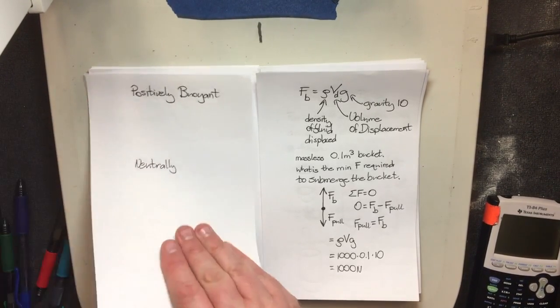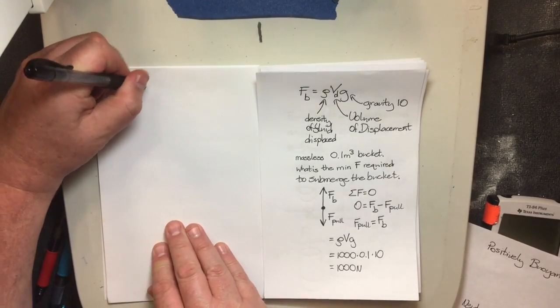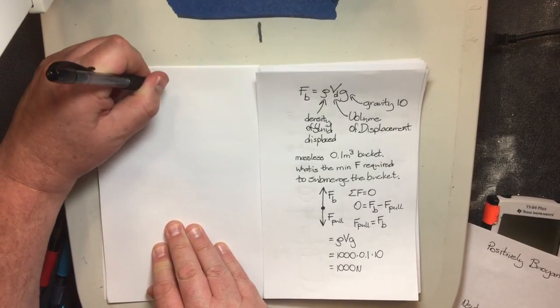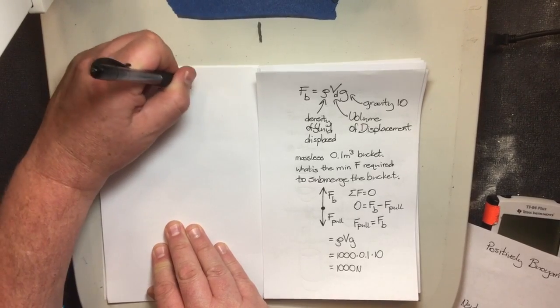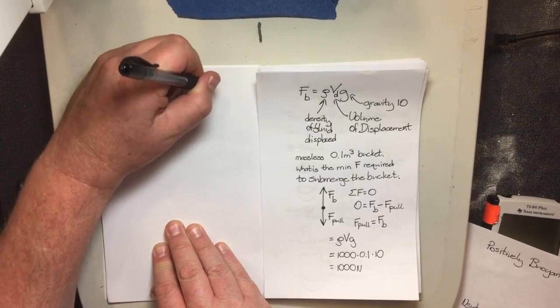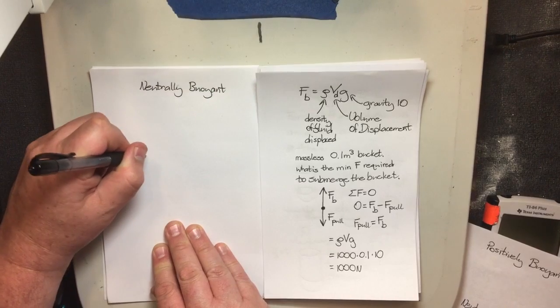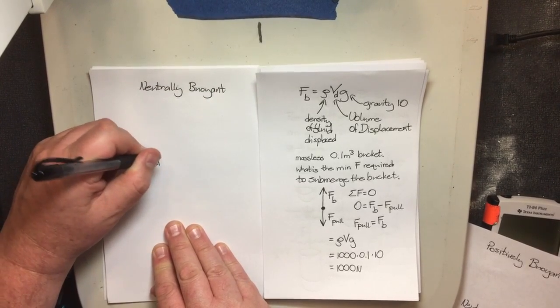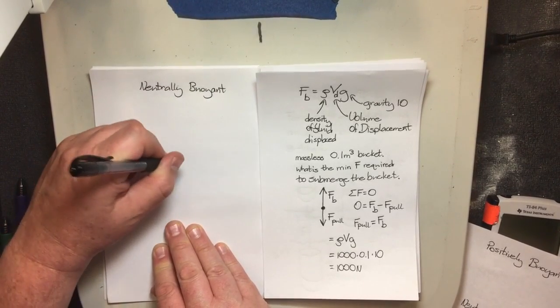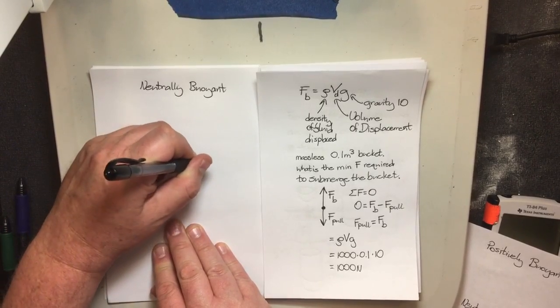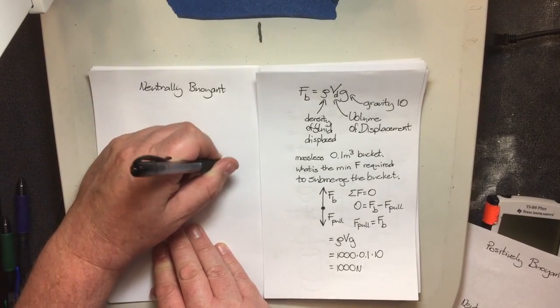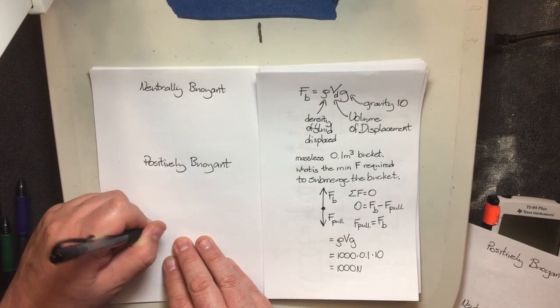Let me rewrite it. Okay, hold on. Neutrally buoyant. I gotta get the order right. Positively buoyant. And negatively buoyant.